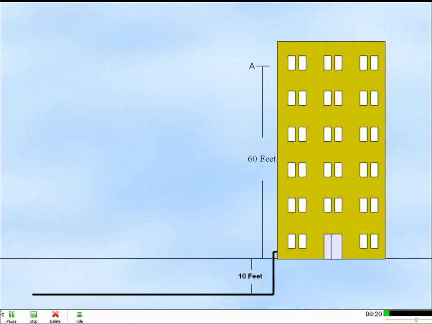In this illustration, the water main has a reading of 60 psi. At the highest fixture, A, located 70 feet above the main, the pressure has dropped by 30.31 psi. 70 times 0.433 equals 30.31 psi, leaving 29.69 psi.